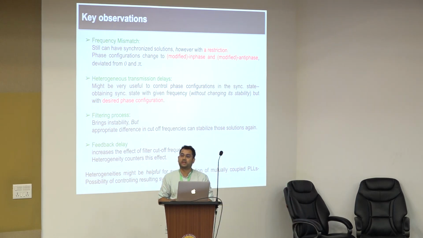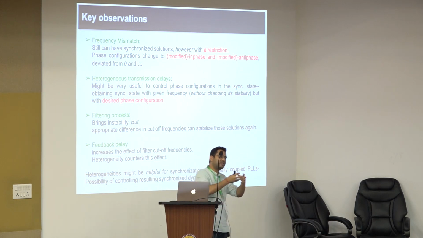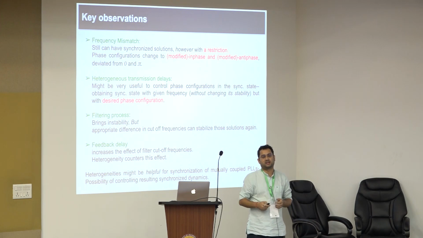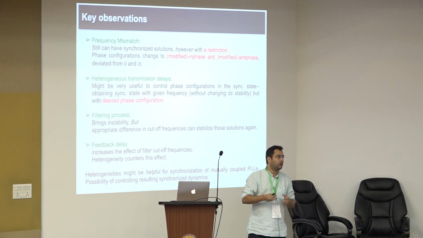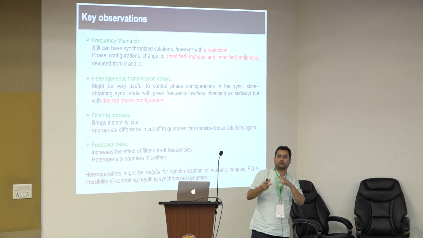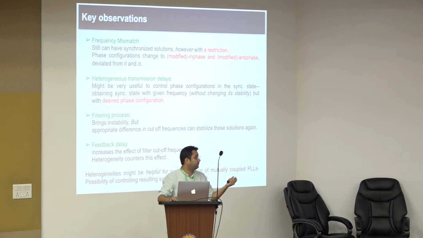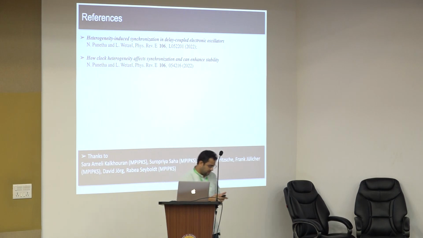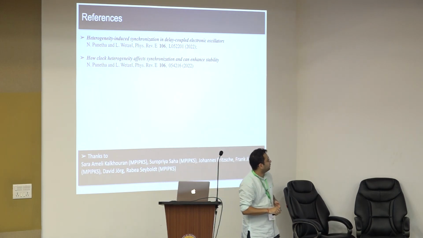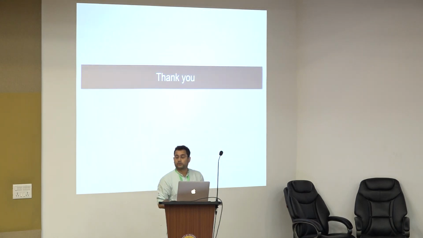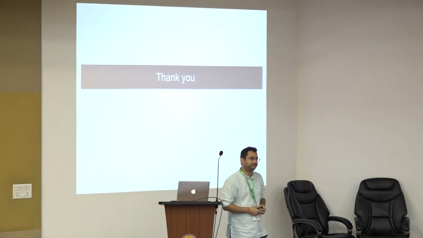But the important point is that with increasing heterogeneity, we can actually restabilize the synchronized solution, and heterogeneity can be helpful for finding or tuning a particular phase solution or phase configuration in our system. These results have been summarized in these two publications, and thank you for your kind attention.